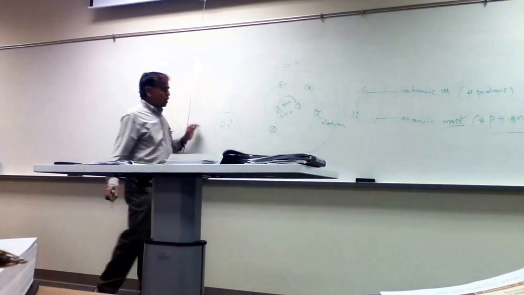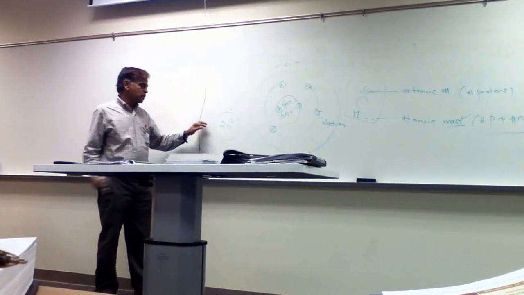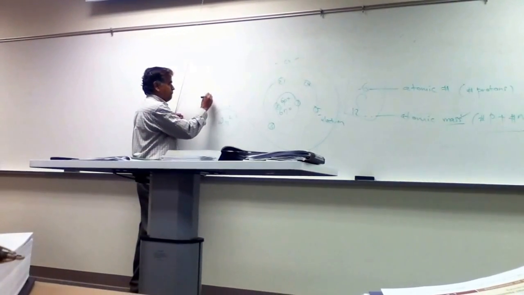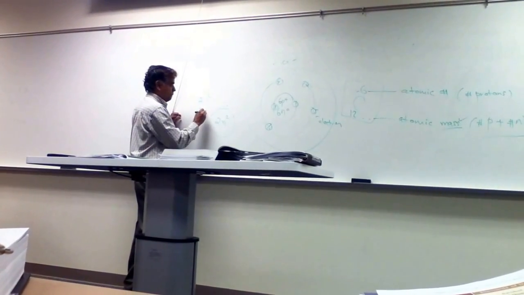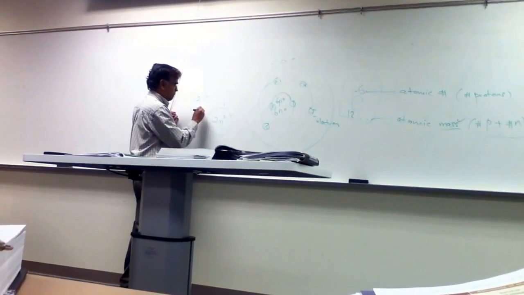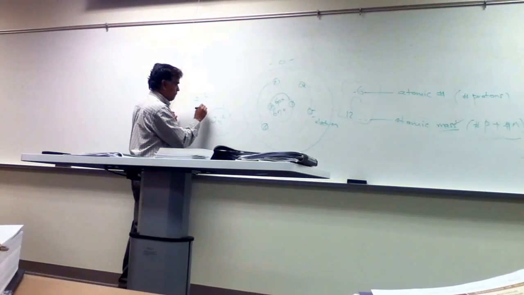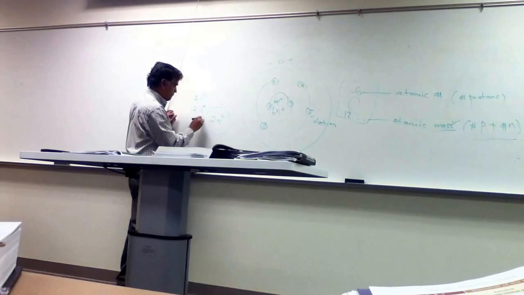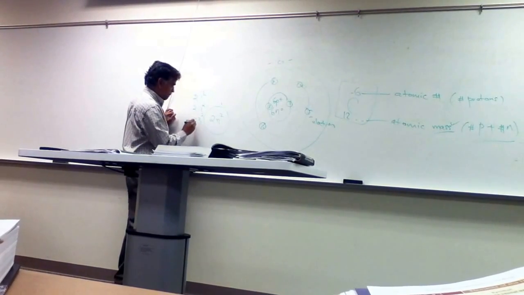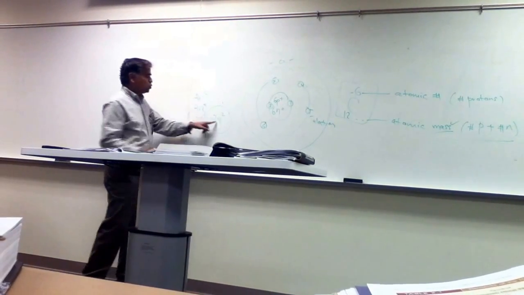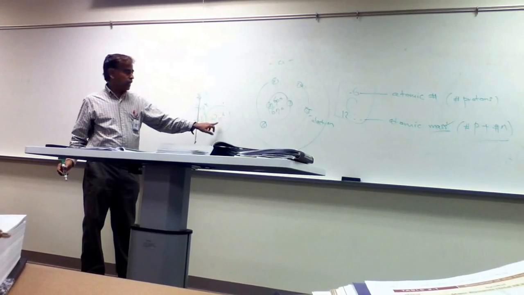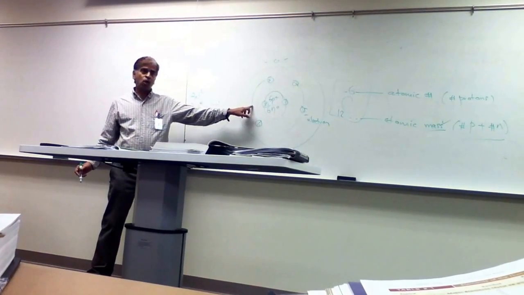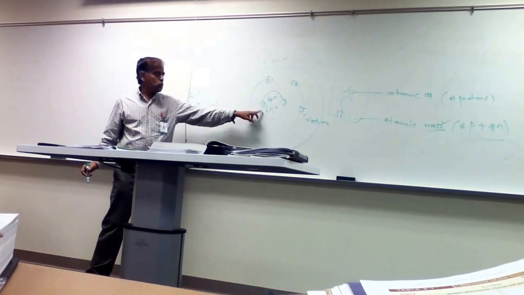There is a formula that you can use: 2n squared. The n represents the shell number 1, shell number 2, and so on.